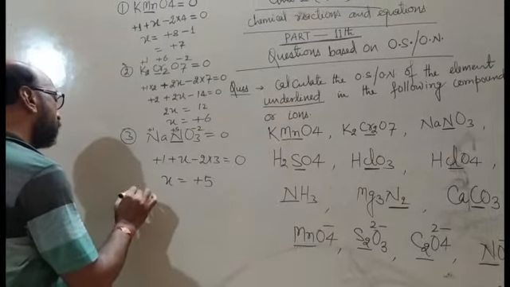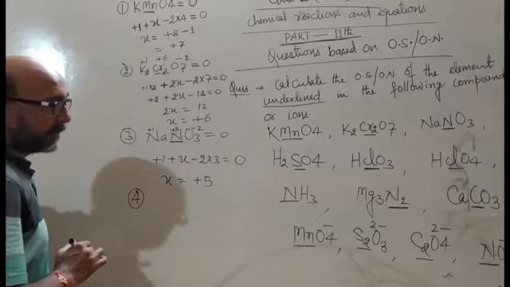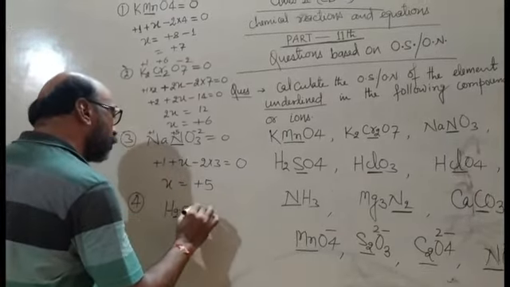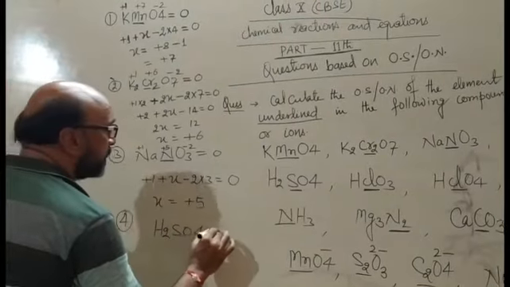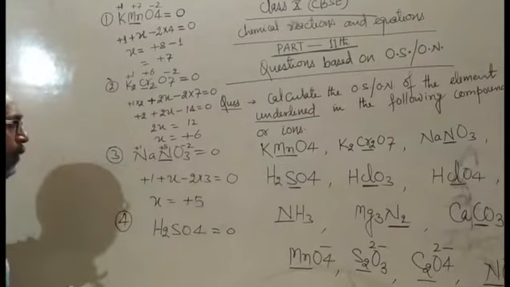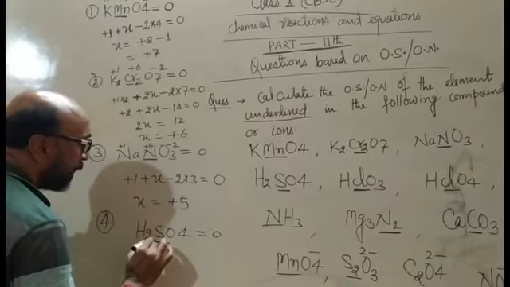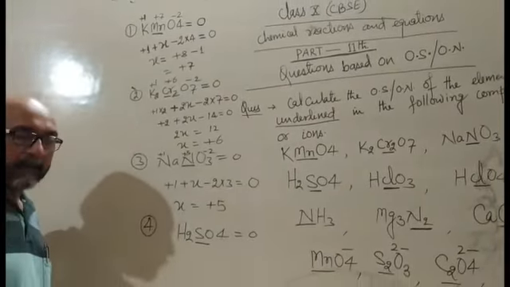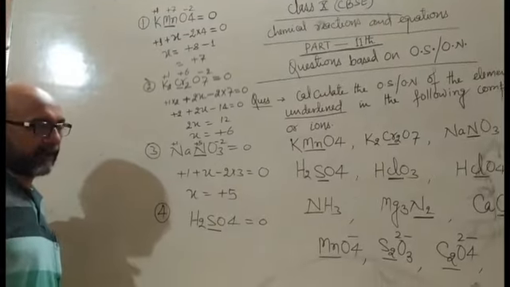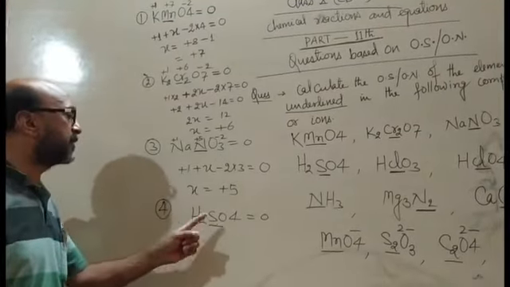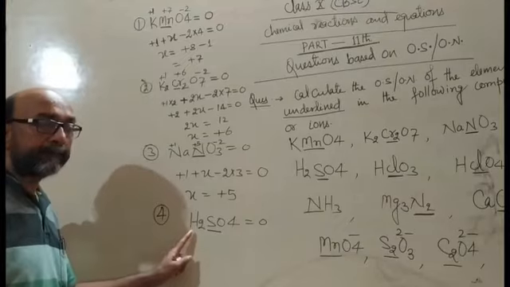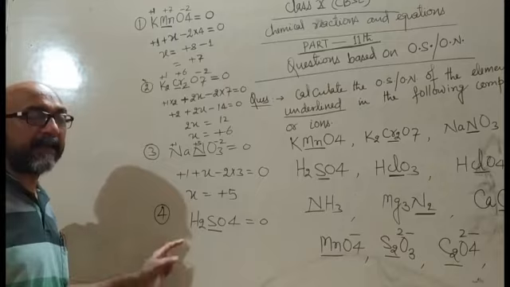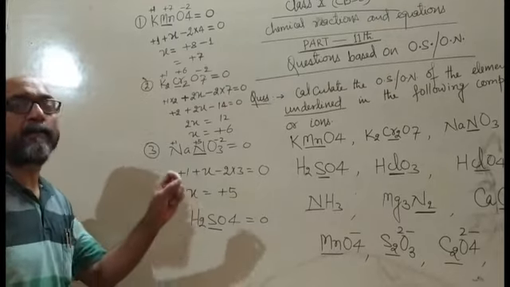The fourth compound which is given in the question is H2SO4. Sulfuric acid is a very popular compound, you know, in which we have to calculate the oxidation state of sulfur. Under the rules regarding the calculation of oxidation state, we have learned the oxidation state of hydrogen in a compound or ion is +1.